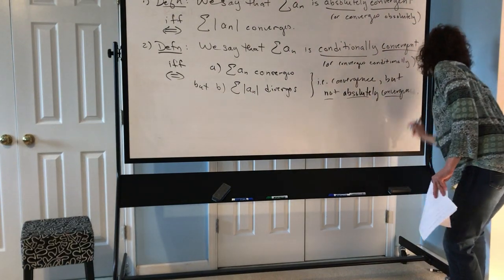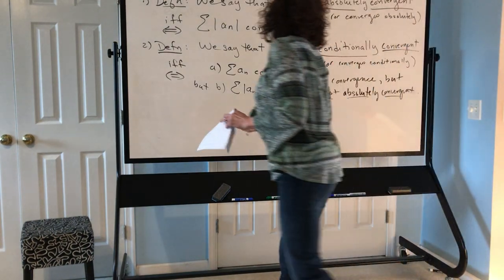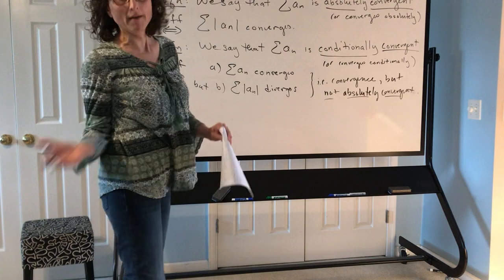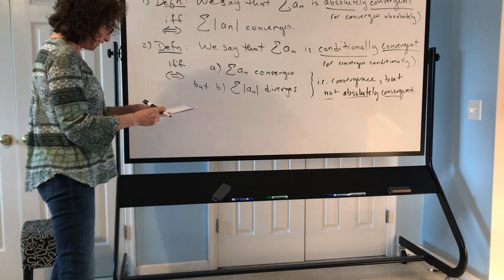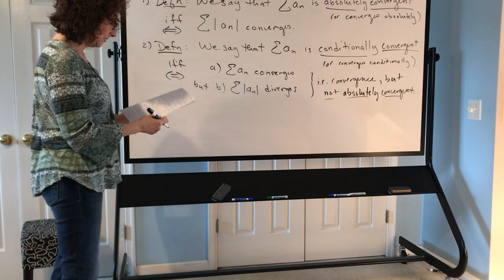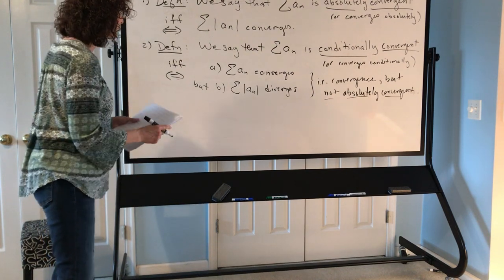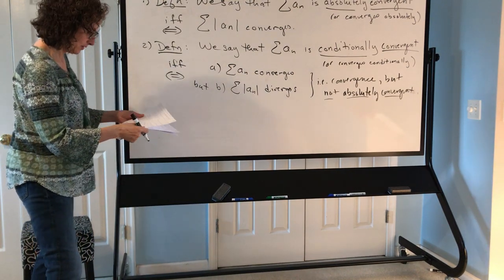Convergent. Yeah? Okay? All right. And so if you're neither absolutely convergent or conditionally convergent, then you diverge. Yeah? Okay. All right. So let's talk about this idea. Makes sense? Are we good? Yeah? We okay?